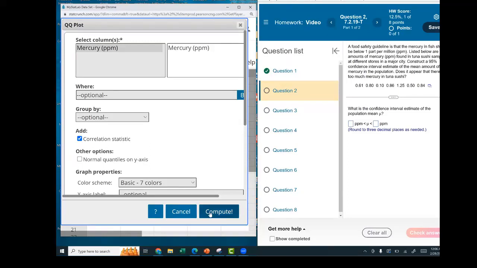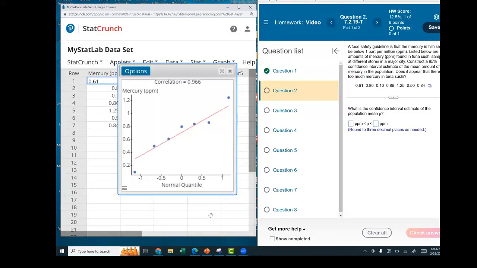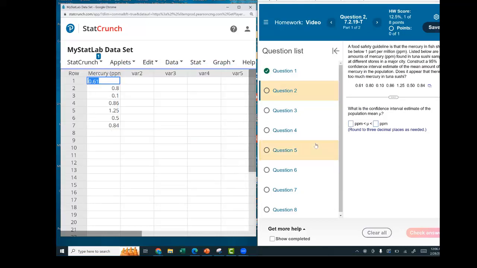It tells me how close I am to 1. And this looks good, right? I'm very close to 1. And they're very closely distributed around where they're supposed to be. So I'm in good shape. I can consider this normally distributed, okay?